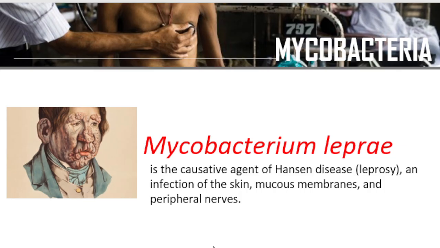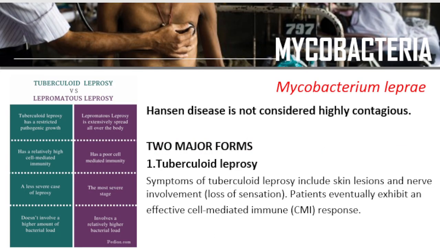This is an infection of the skin, the mucous membranes, and the peripheral nerves. Take note, Hansen disease is not considered highly contagious. Okay, and Hansen disease, or leprosy, has two major forms. We have tuberculoid leprosy and lepromatous leprosy.